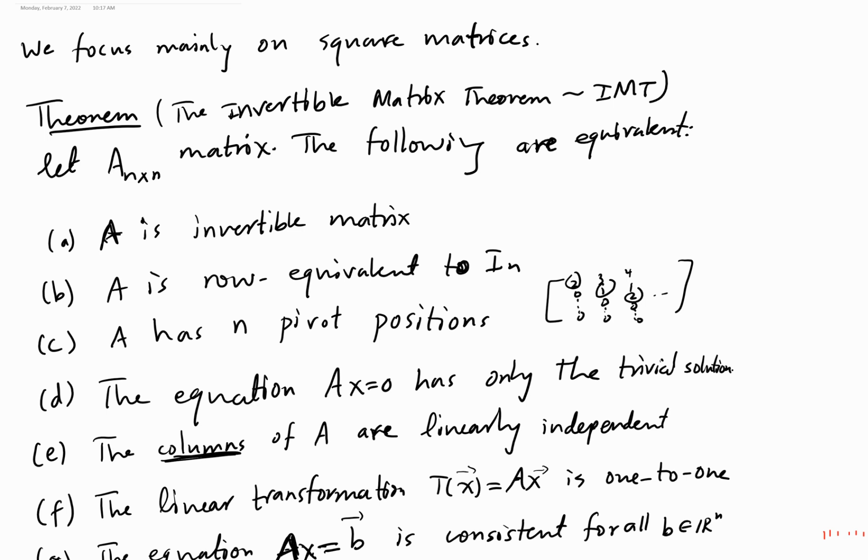Means if one of them works, then everything follows. The first one says A is an invertible matrix, which is equivalent to saying A is row equivalent to I sub n. What does that mean, row equivalent? Can someone give an idea or comment on this?